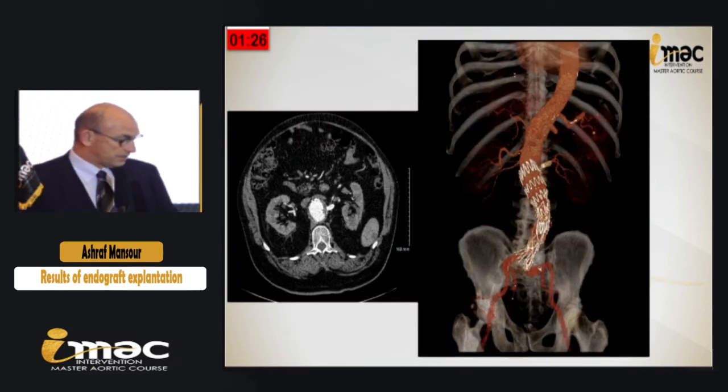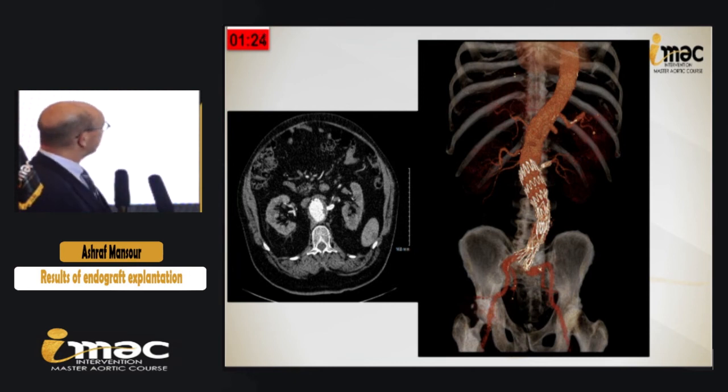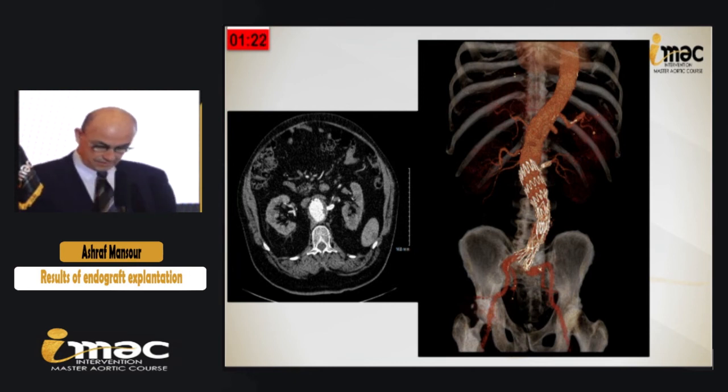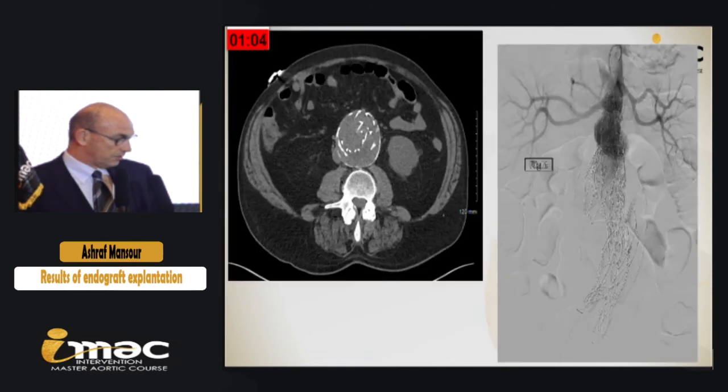So getting back to this case that I showed you earlier, you can see here that the stent graft is essentially unopposed to the aortic wall, and you have a renal stent hanging out in the breeze, and you have to do a suprarenal or supraceliac clamp to get control, then remove the graft, and then put your new graft in and do a renal bypass.